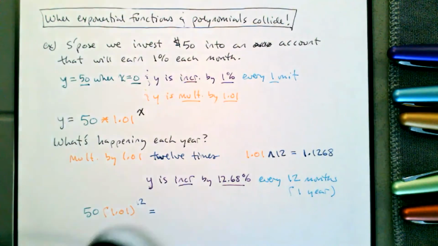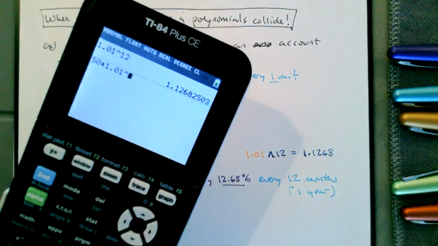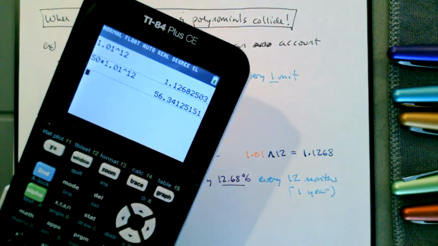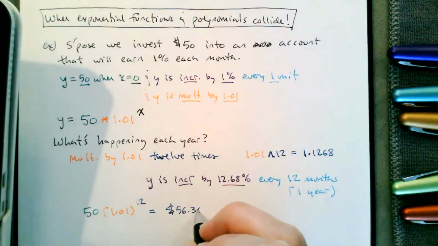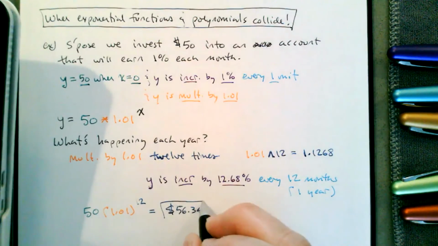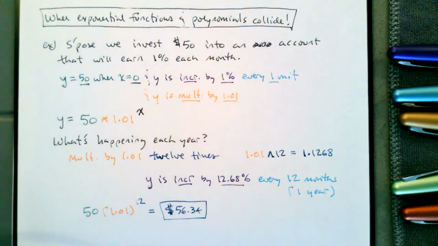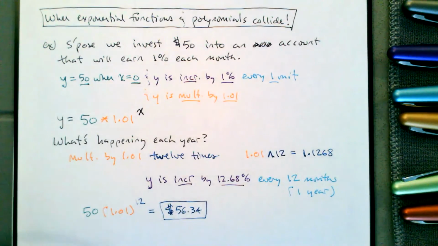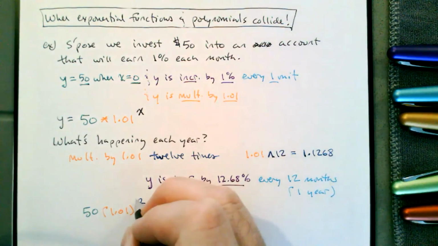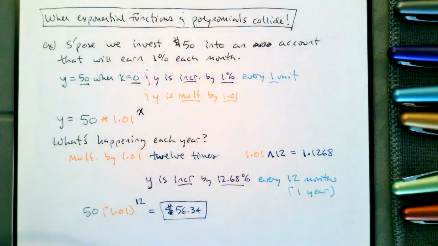So the amount in the account would be 50 times 1.01 to the 12th power, $56.34. So that's how much we would have. That's an increase of 12.68% rather than just 12%, because we get interest on the interest, so the amount of increase is going to increase.